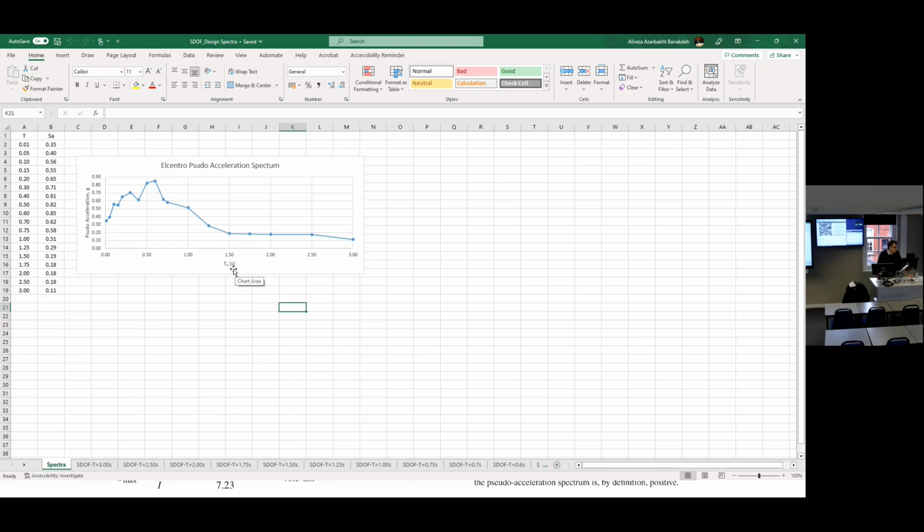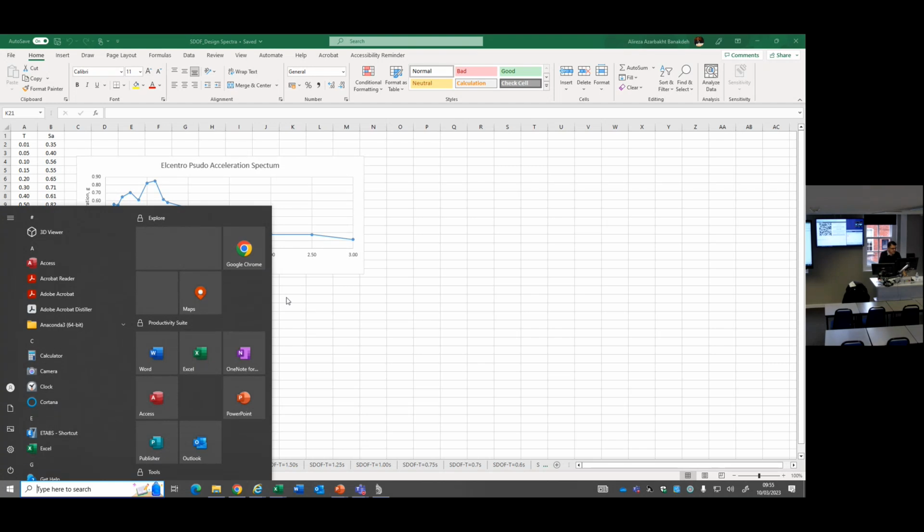So I'm going for my own Tn, which is 1.59. It's somewhere here. It's a little bit less than 0.2. Let's call it 0.2 g. This is the spectral acceleration. This is the number that, if you multiply it by the mass, you will get your design force.